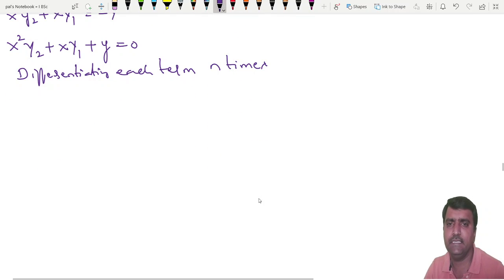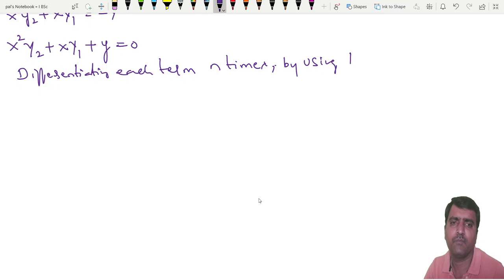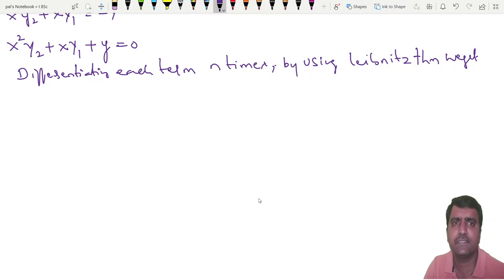To find its nth derivative we must use the Leibniz theorem because there is a product of two functions. So by using the Leibniz theorem, we get the nth derivative of x square y2.